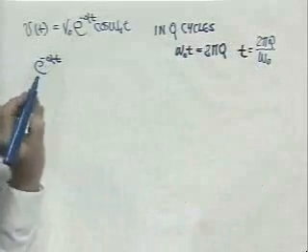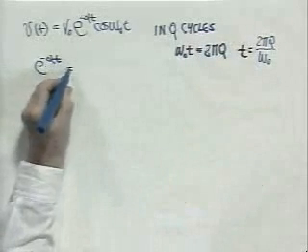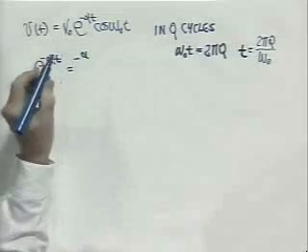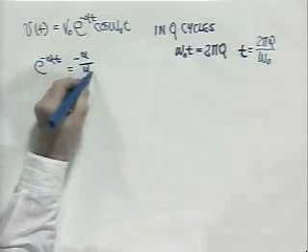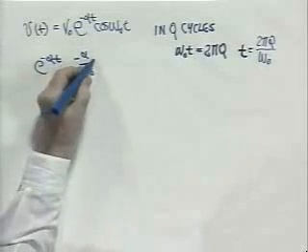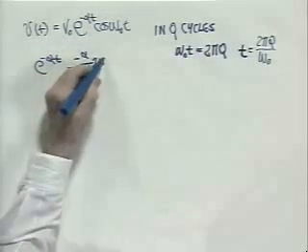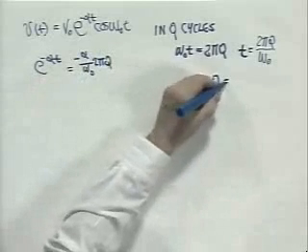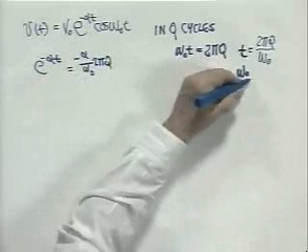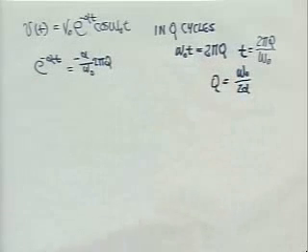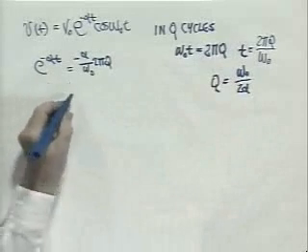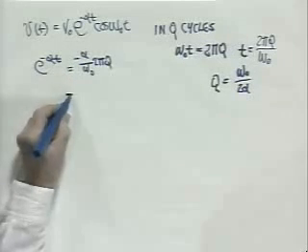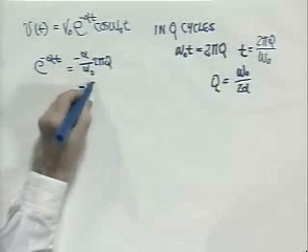And if I put it in here, this becomes e to the minus alpha over omega naught, 2 pi times Q. Now remember, Q we defined as the resonant frequency divided by 2 alpha. So 2 alpha over omega naught is 1 over Q. The Q cancels, and all I'm left with is e to the minus pi.